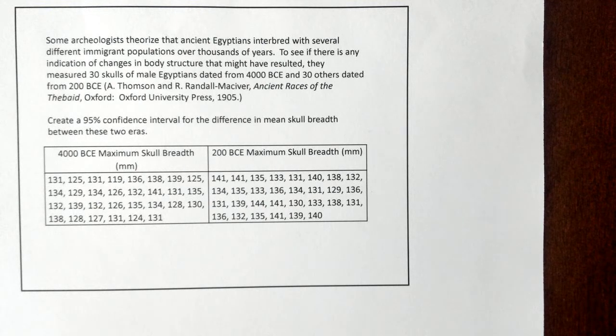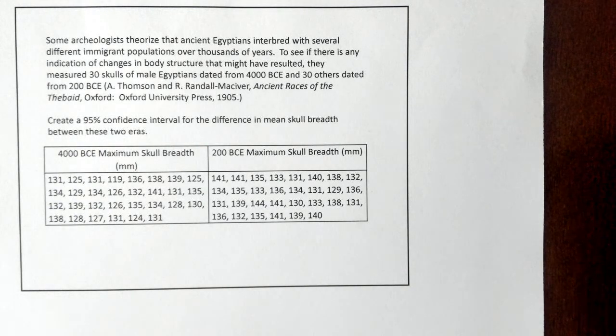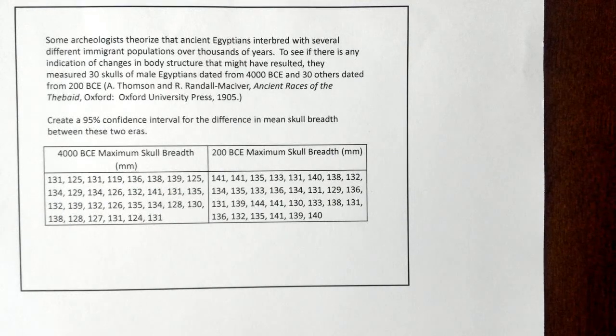So we start with the question: create a 95% confidence interval for the difference in mean skull breadth, how broad, between those two eras, those two time periods. So we have this big chunk of data, and you have a couple choices.